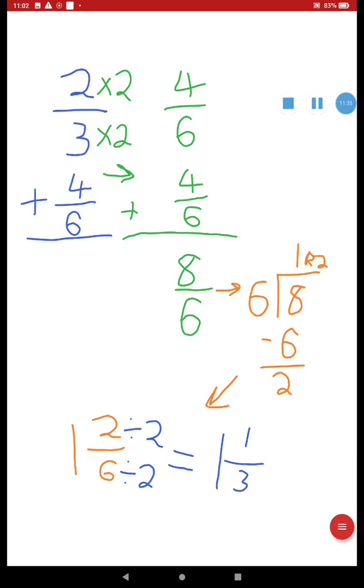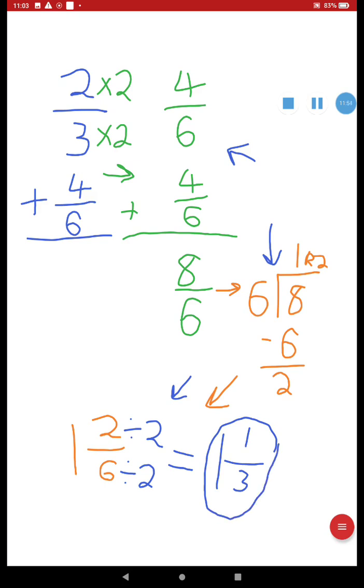So 2/3 plus 4/6, converting it, changing it to a mixed number, and then simplifying it, gets me a final answer of 1 and 1/3.